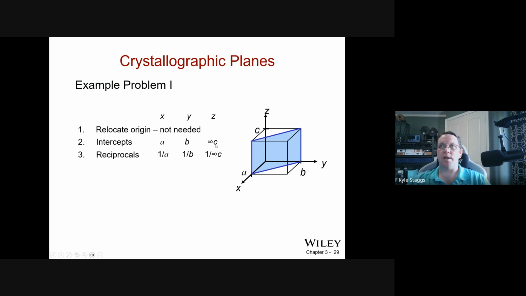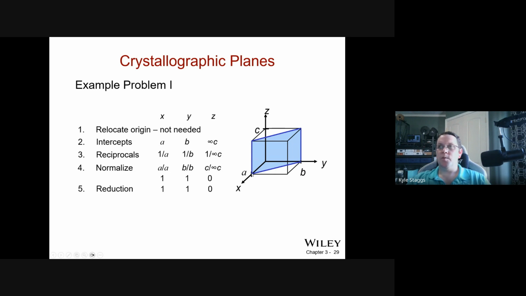So there is no actual intercept for C, meaning when we take the reciprocals, we get 1 over A, 1 over B, and 1 over C. So we normalize those by multiplying each of them by the actual unit cell length, and we get 1, 1, 0.